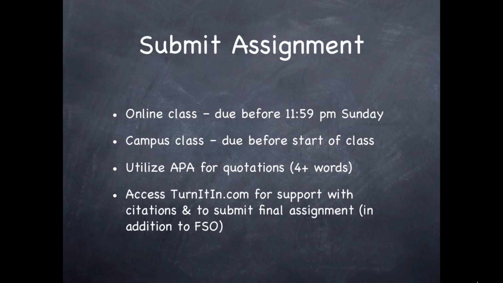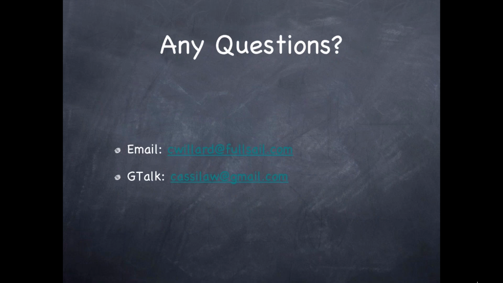Turnitin will actually show you similarities, which is super helpful. Submit via Turnitin as well as FSO. Hopefully everybody has had good experiences with both Turnitin as well as our new revamped FSO. But if you have a tech issue on either side of the platforms, you can always submit via the other to make sure you get your submission in.